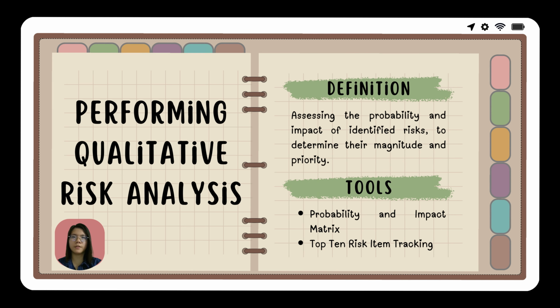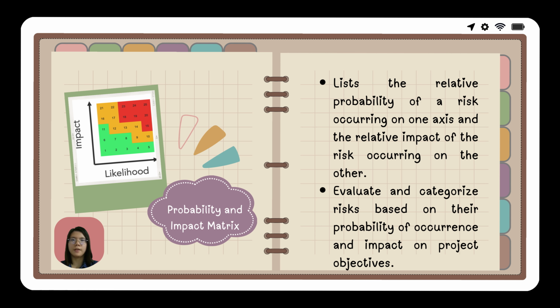Performing qualitative risk analysis involves assessing the probability and impact of identified risks to determine their magnitude and priority. Tools used include the probability and impact matrix and top 10 risk item tracking. A probability and impact matrix lists the relative probability of a risk occurring on one axis and the relative impact of the risk on the other.